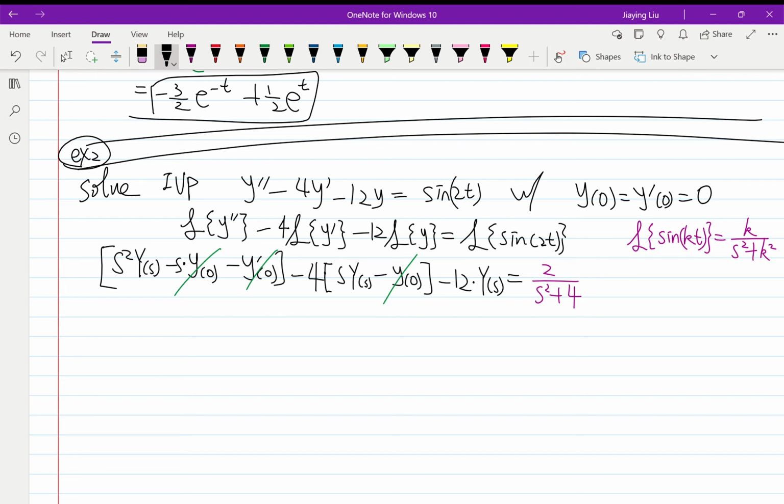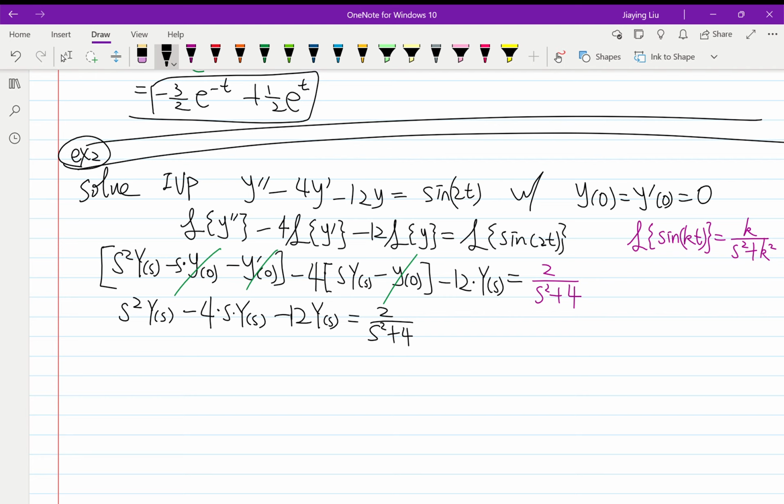So let's just rewrite them. We get s squared, capital Y of s from the first bracket. Then we have negative 4 times s Y of s, minus 12 capital Y of s, equals 2 over s squared plus 4.